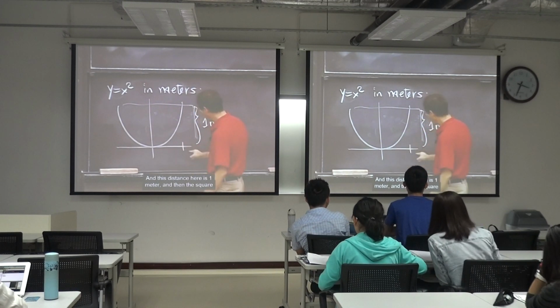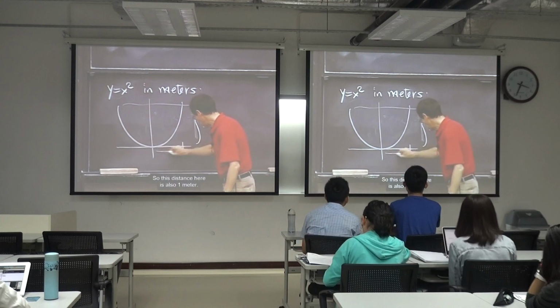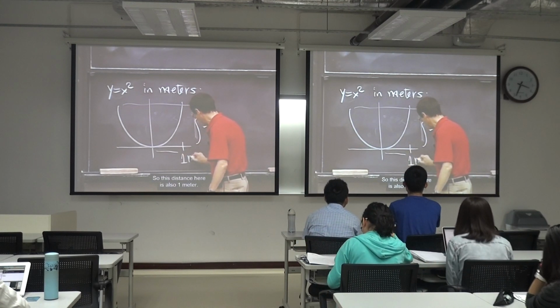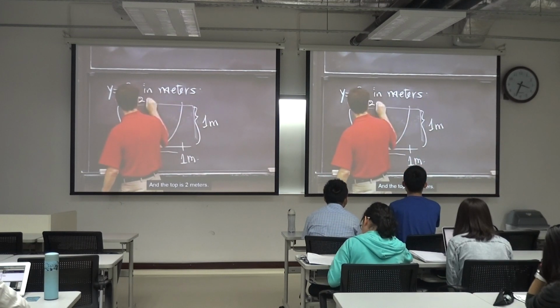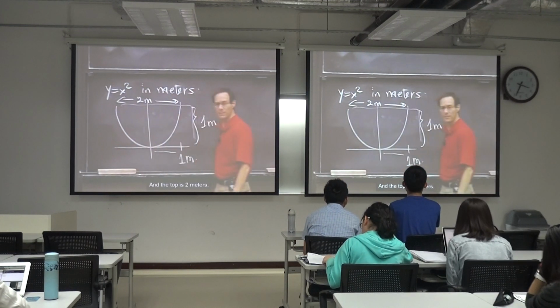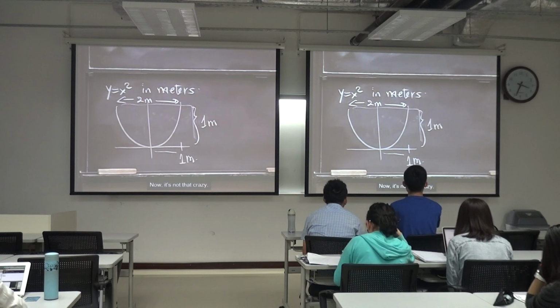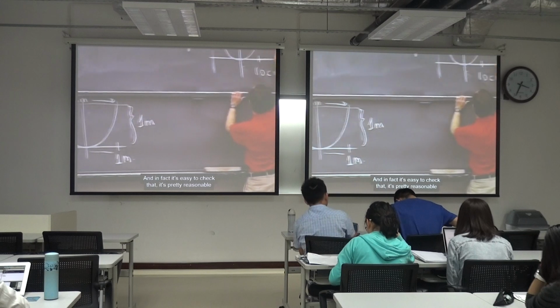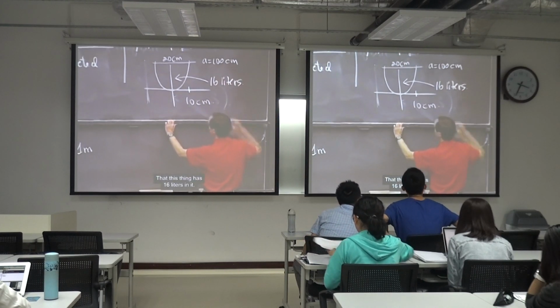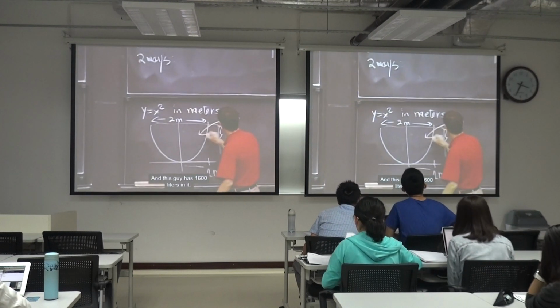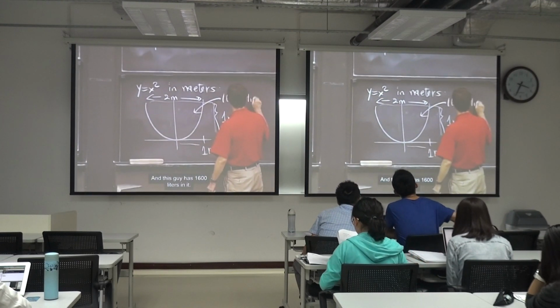And then the square root of 1 is 1. So this distance here is also 1 meter. And the top is 2 meters. All right? Now, it's not that crazy, and in fact, it's easy to check that it's pretty reasonable in terms of scale, that this thing has 16 meters in it. And this guy has 1,600 meters in it.